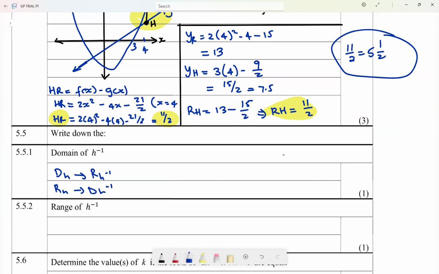What do I mean? This is just a typical example. If the domain of f is x is an element of real numbers, it means the range of the inverse is going to be y is an element of real numbers. So what do we want? The domain of my inverse.